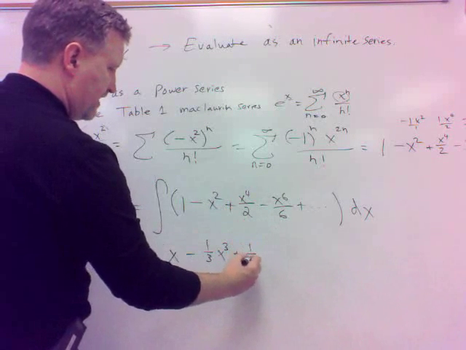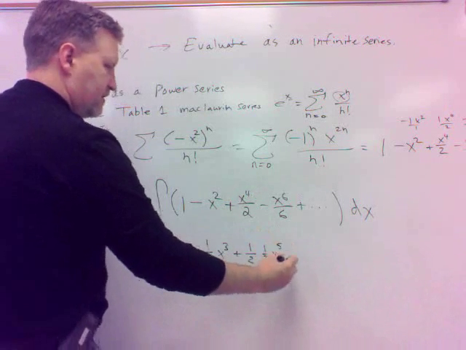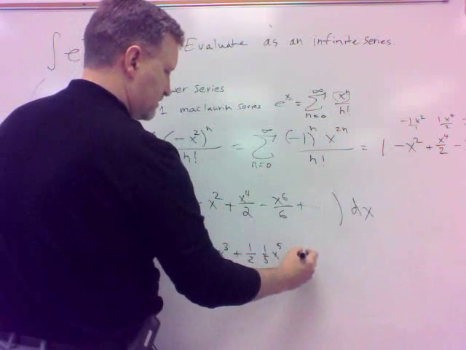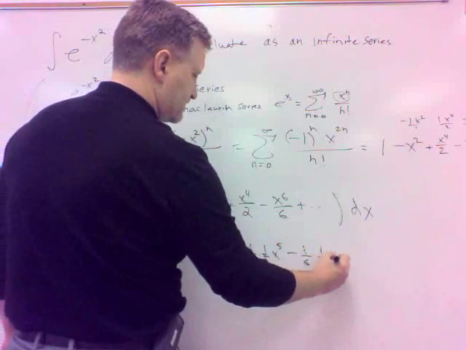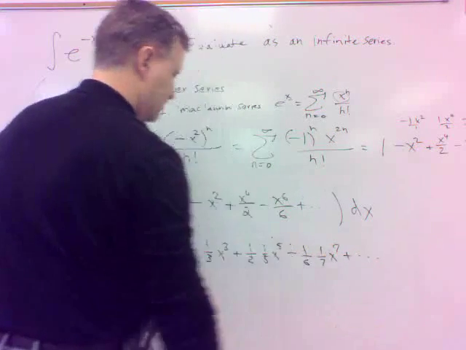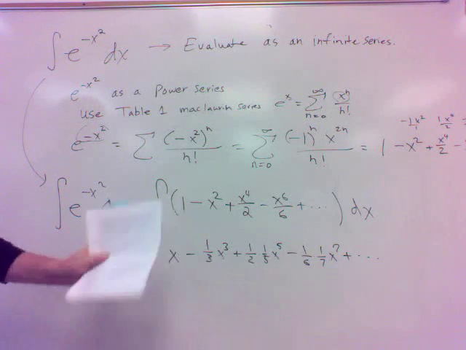It'd be 1/2 times 1/5 x to the 5th, minus 1/6, 1/7 x to the 7th. That's going to keep going. But there is one other thing. This is an indefinite integral.